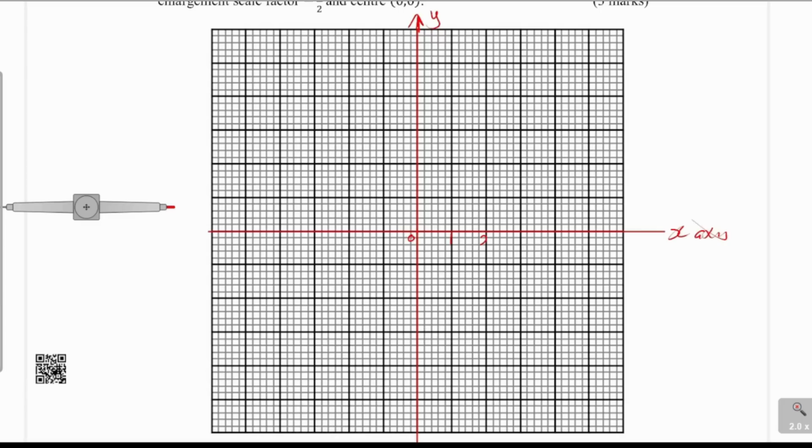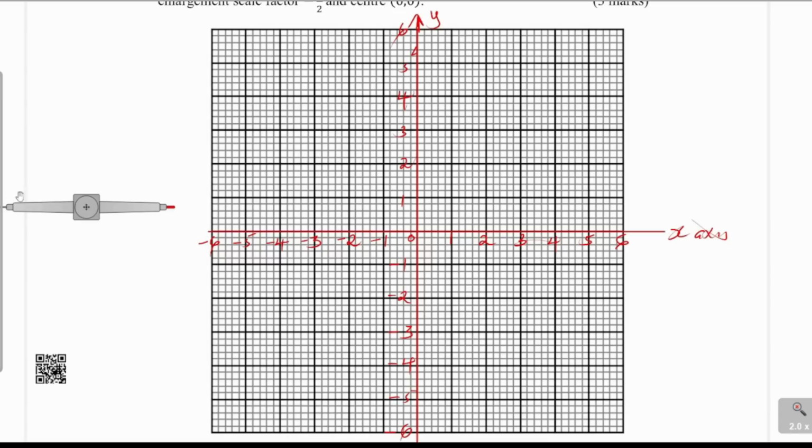This is 1, 2, 3, 4, 5, 6. This is -1, -2, -3, -4, -5, -6, and on the Y axis, 1, 2, 3, 4, 5, 6.